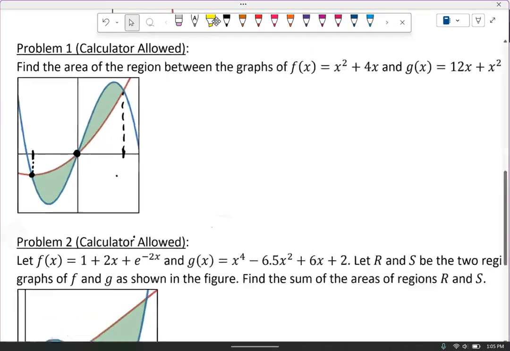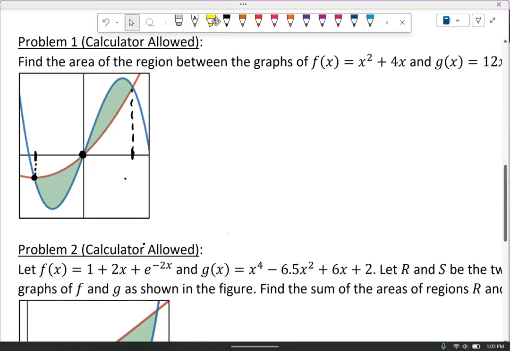All right, let's go ahead and do this one. Where's our first intersection point? What's the x value? -2. Middle is 0. What is the right? The third one? +2. That came out nice. All right.